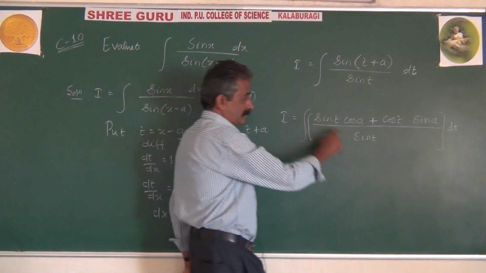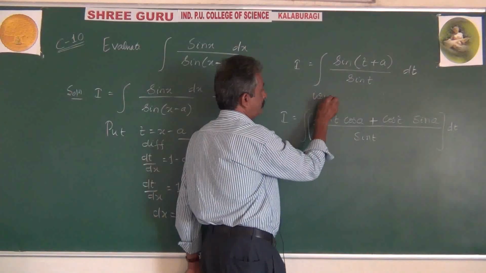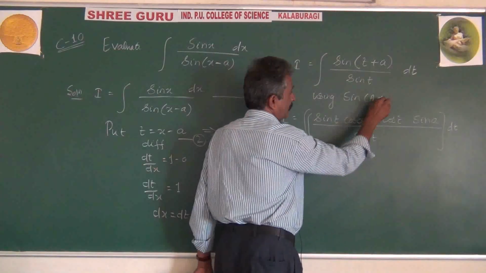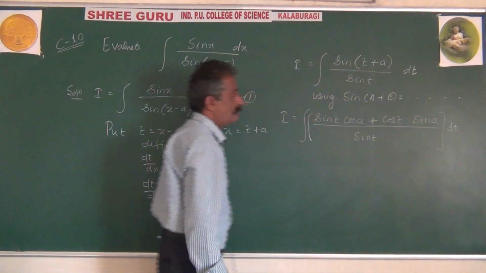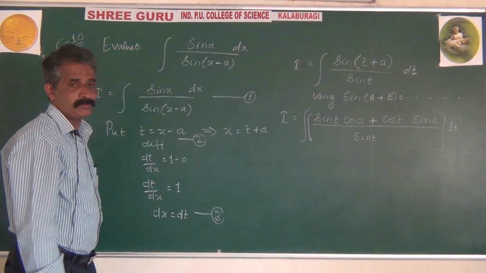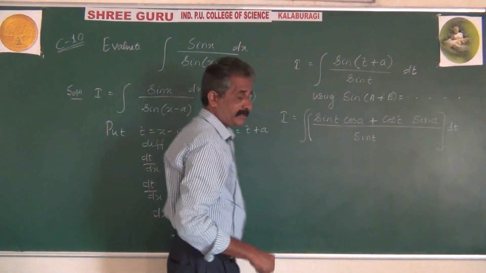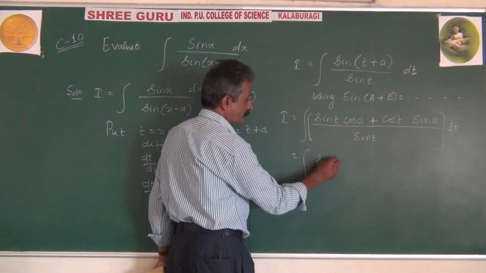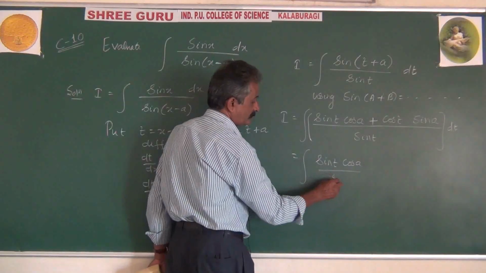Now we separate in terms. We are using the formula sine of a plus b. And sine of a plus b formula is sine a cos b plus cos a sine b. Next step, we separate the terms. On separating the terms, first term sine b cos a divided by sine t.